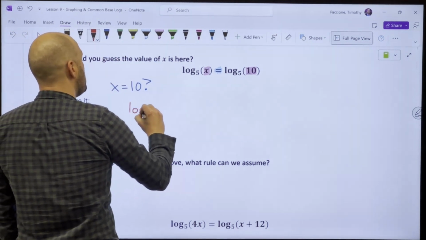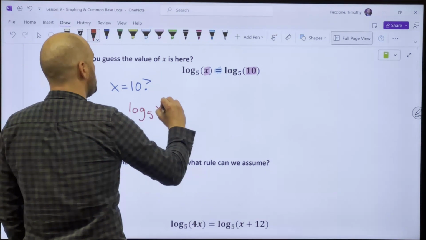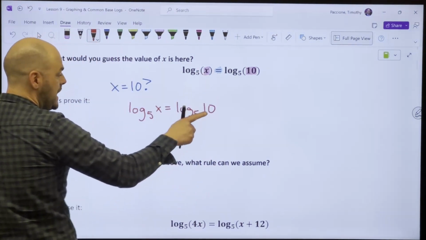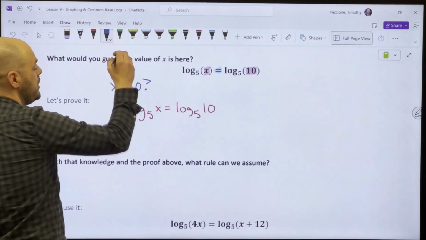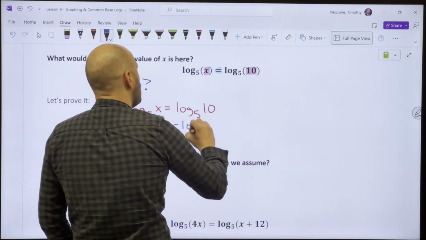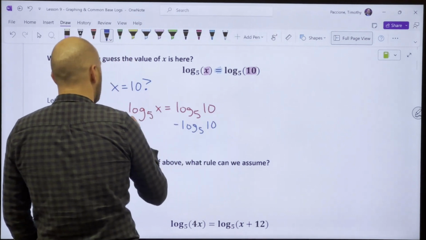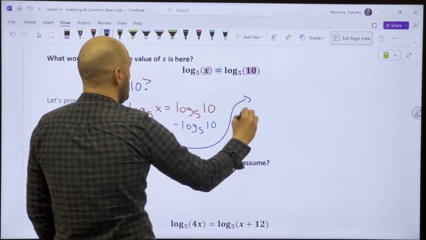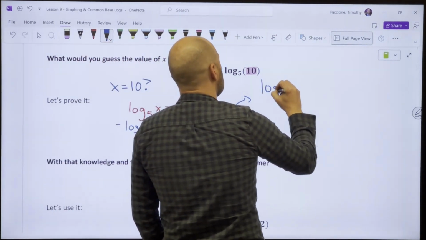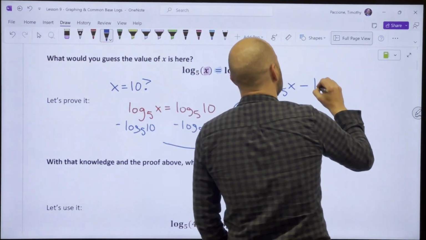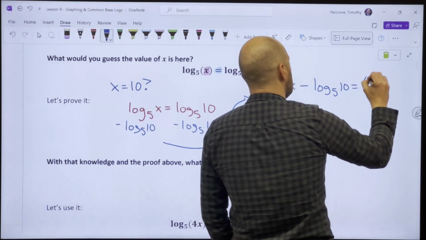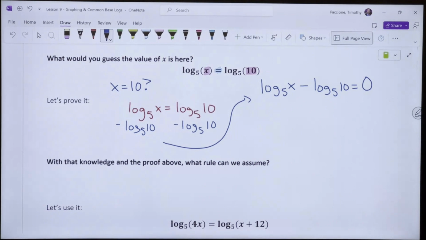If you have log base 5 of x equals log base 5 of 10, and I get them both to one side, I would subtract log base 5 of 10 from both sides, which gives me log base 5 of x minus log base 5 of 10 equals 0. Subtraction on the outside means what on the inside? Division.